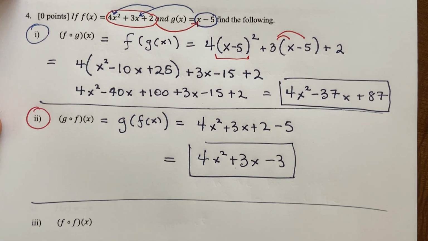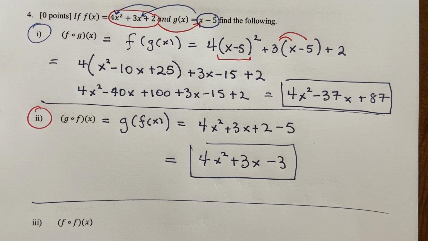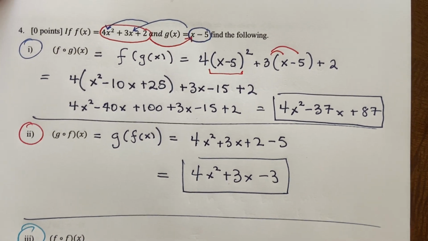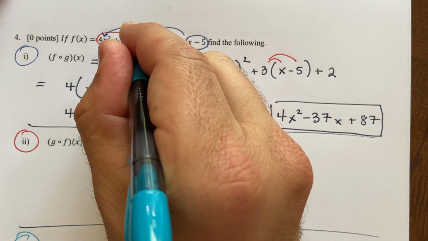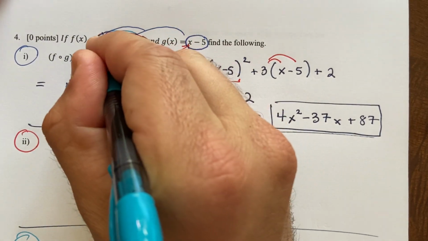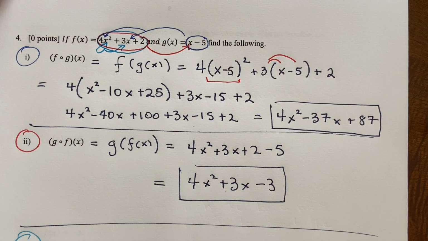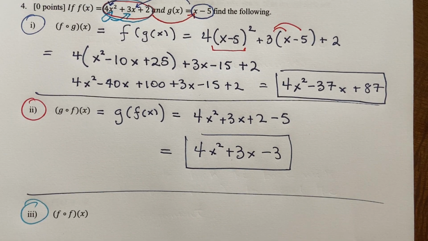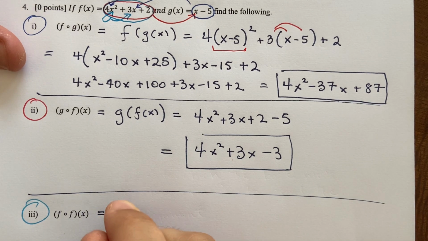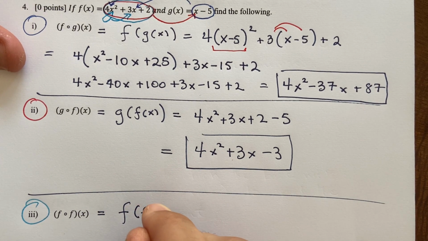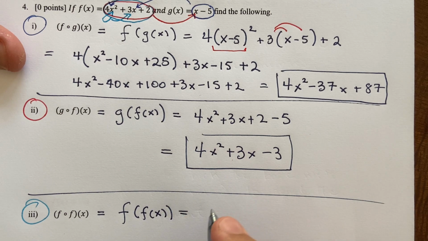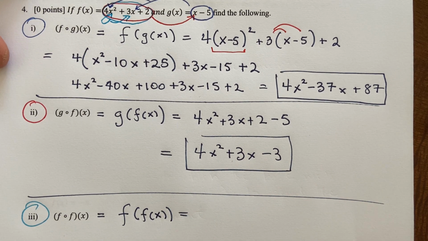f composed with f of x. So for f composed with f of x, I'm taking f and I'm plugging it into itself. Right? So this would be the same as f of f of x. So I'll have, I'm not, by the way, going to simplify this. Some of these are just a little bit cumbersome to do in this video.